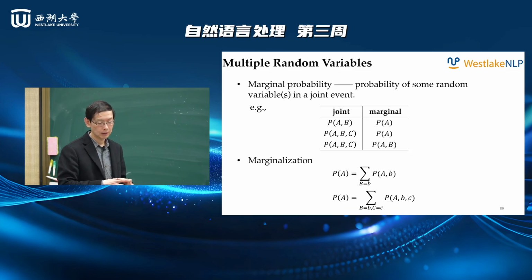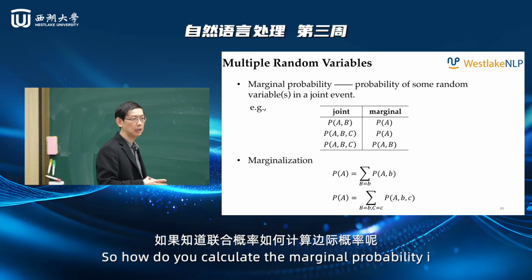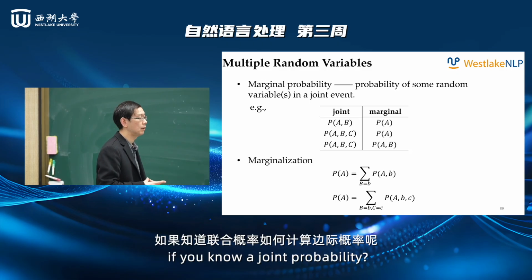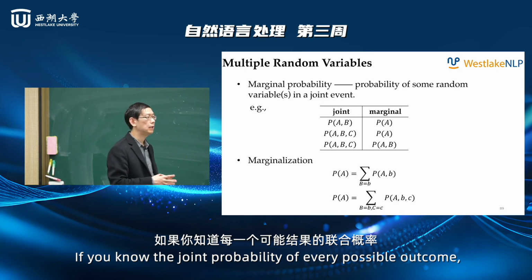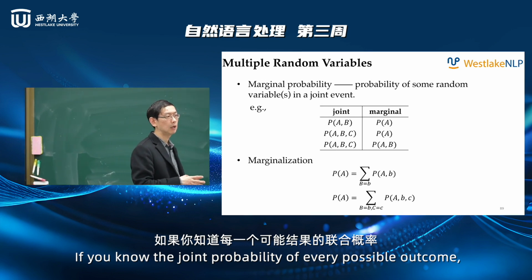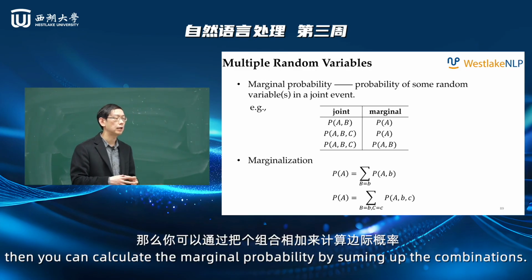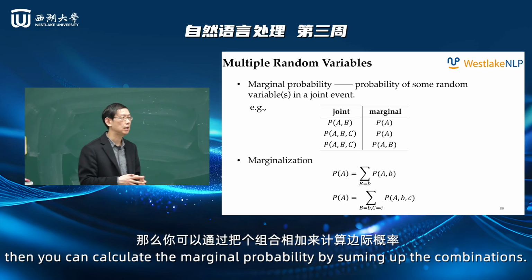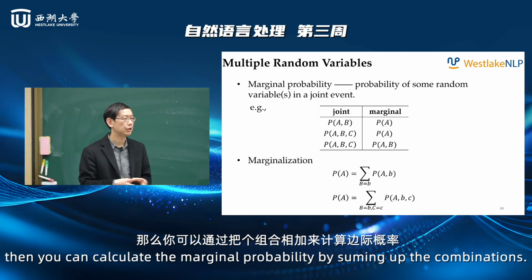So how do you calculate the marginal probability if you know a joint probability? If you know the joint probability of every possible outcome or every possible value of a random variable, then you can calculate the marginal probability by summing up the combinations.